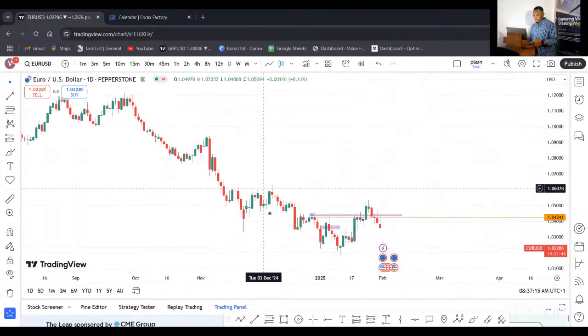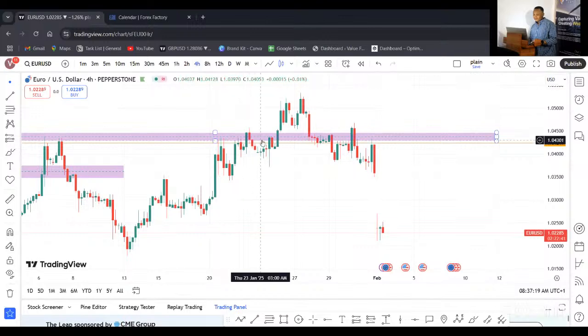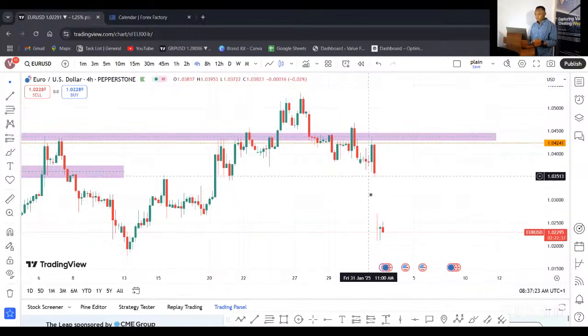So looking at where Euro USD is at the moment, it's looking heavily discounted, I would say, because if you compare the percentage change in price from where it currently is to where it was before, from 1.03 to 1.02, that is a massive move that would have taken maybe a day or more to fill up.